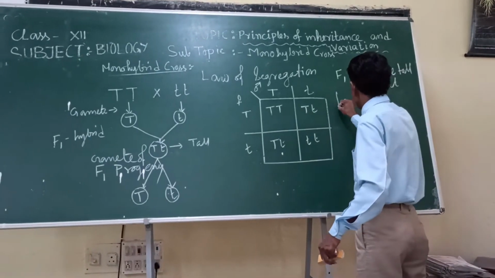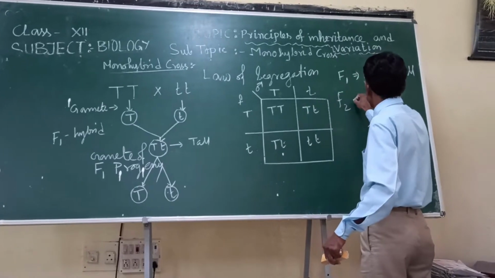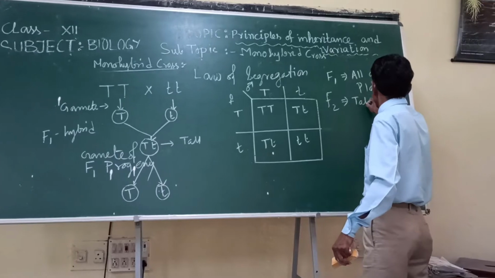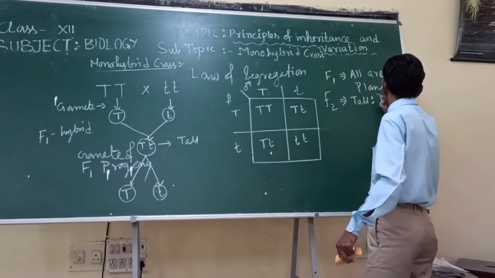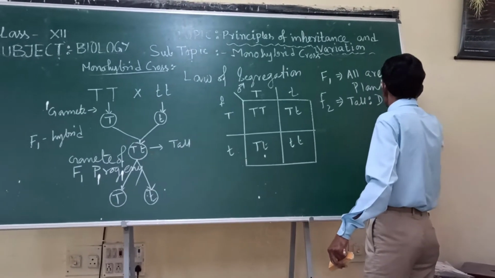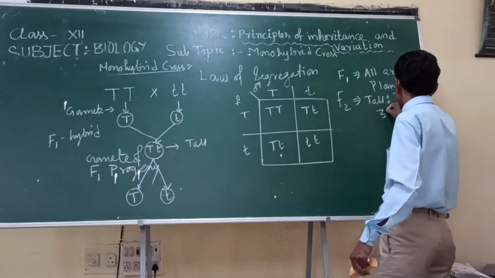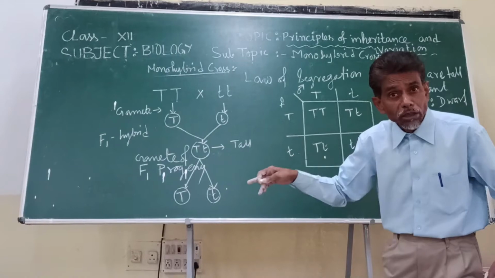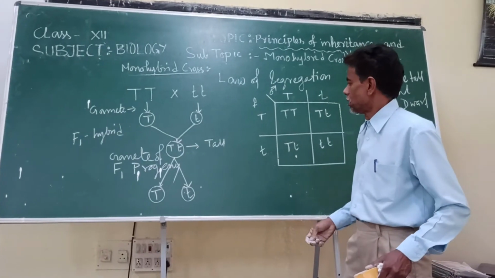But in F2, tall to dwarf ratio is 3:1, of course a phenotypic ratio. Now the question is, where did the dwarf plant come from?